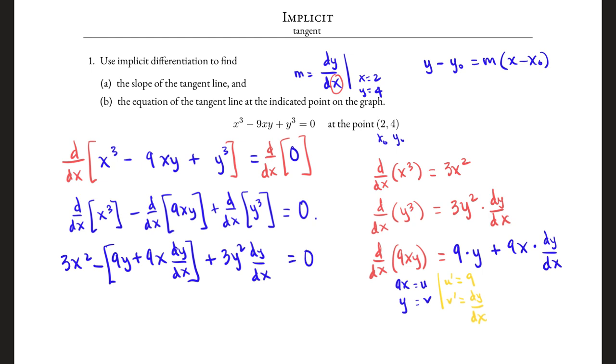Next, we need to get rid of this bracket by distributing the negative sign. 3x squared minus 9y minus 9x dy/dx plus 3y squared dy/dx equals 0.